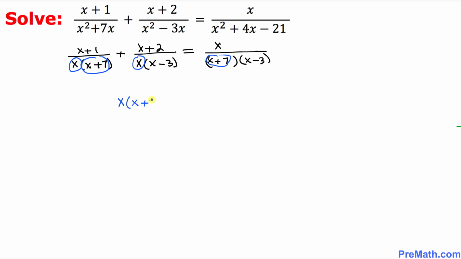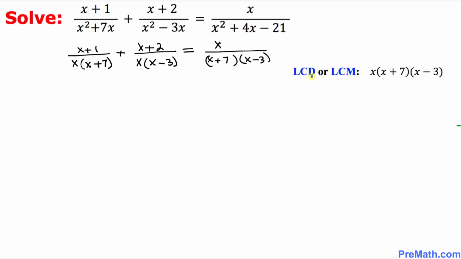And finally we have another factor, x minus 3, and we have x minus 3 over here as well, so I am going to write it down just once. So therefore our least common denominator, or sometimes we call it least common multiple, turns out to be x times x plus 7 times x minus 3.